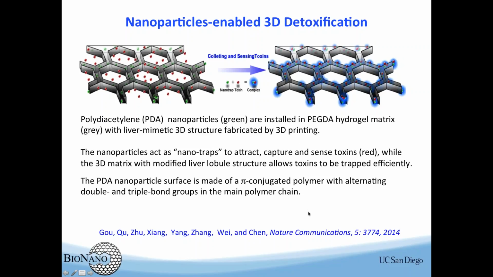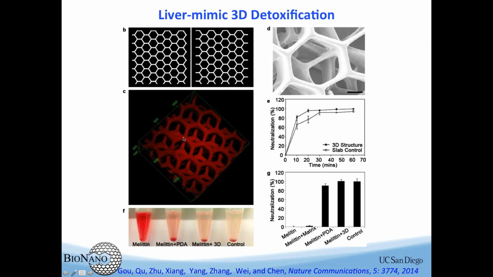Okay, and in terms of detoxification, we can think about the liver. So the liver actually has this so-called hexagon pattern in terms of microarchitecture, and from a printing point of view, we can easily create these hexagon patterns. And we embed nanoparticles inside, and we can create multiple levels of the device.